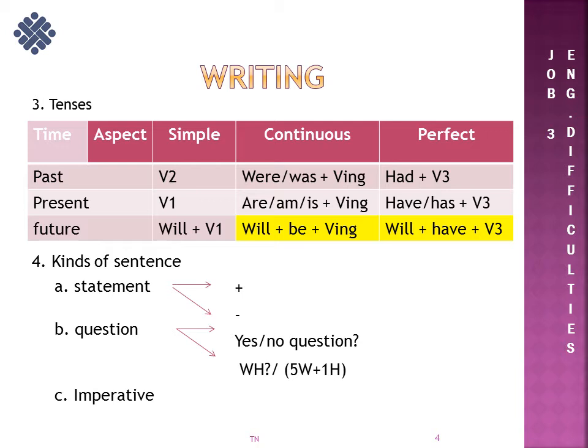Firstly, yes/no question, and second is WH question or 5W plus 1H. We have learned about these two, and you can open your module so that you remember about this material. The last is about imperative sentence.